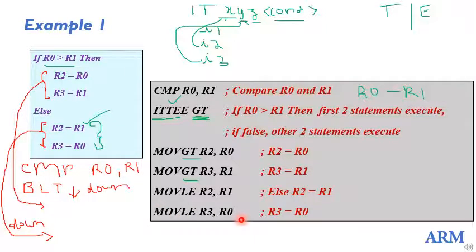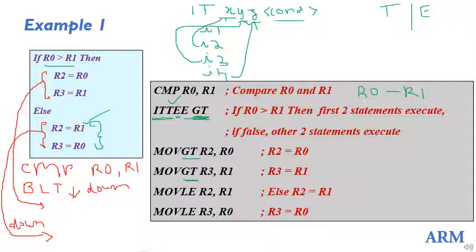So that is also in the else block. That is why its condition is opposite of GT, that is LE. So the instruction is move LE R3 comma R0, and as I have told you, instruction 4 corresponds to Z, and Z should be E because it is in the else block.